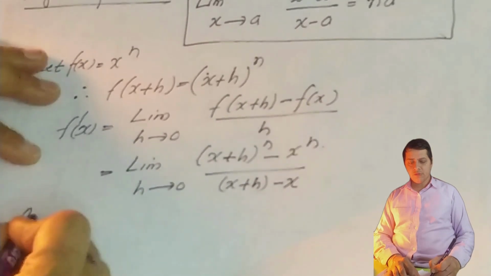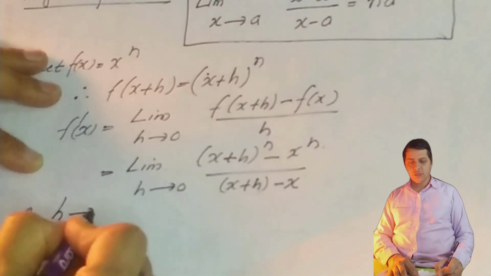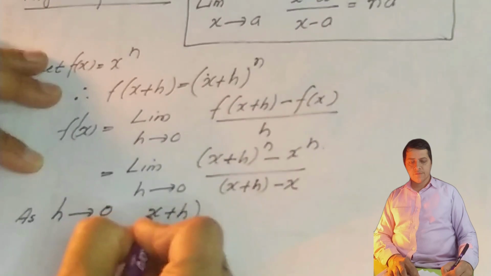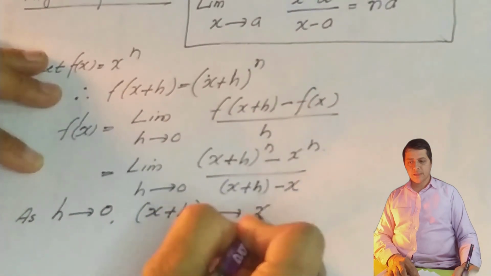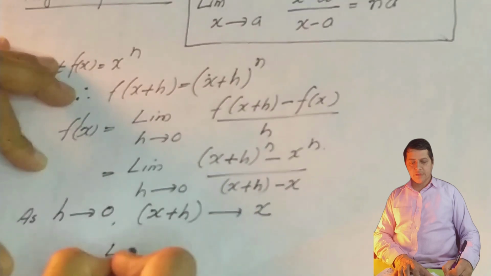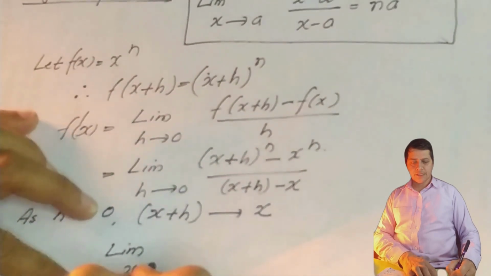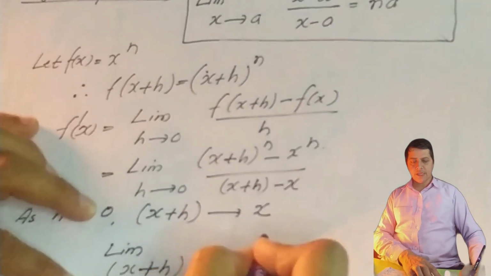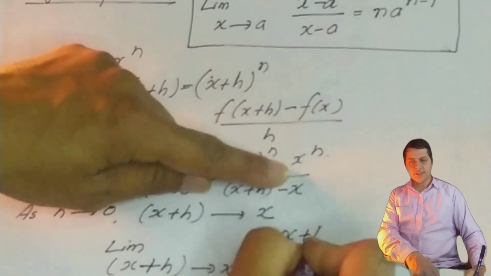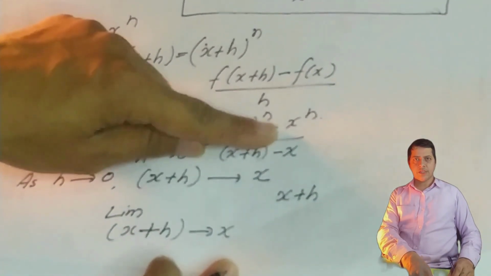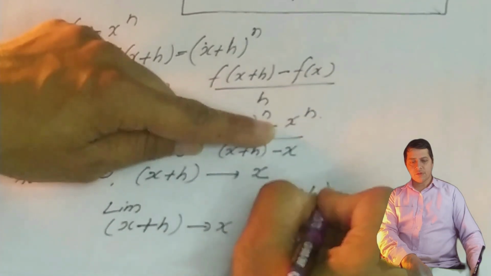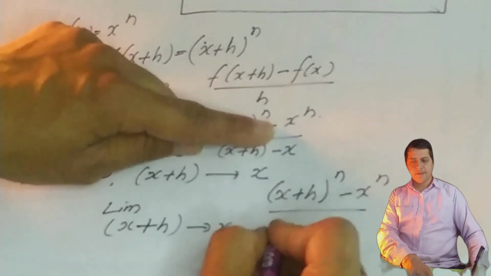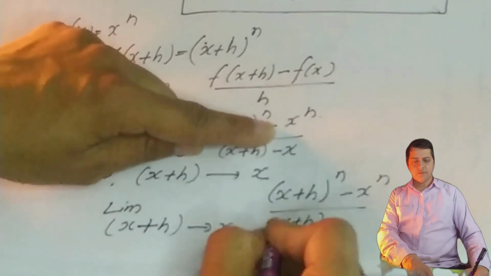Now as we know h tends to 0 here, so x plus h is nothing but x. Then we get the limit where x plus h tends to x of x plus h to the power of n minus x to the power of n by x plus h minus x.